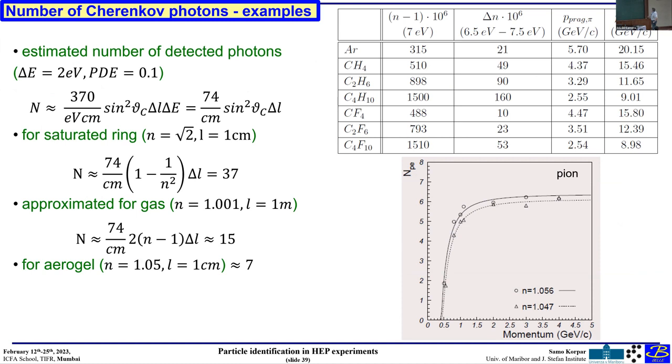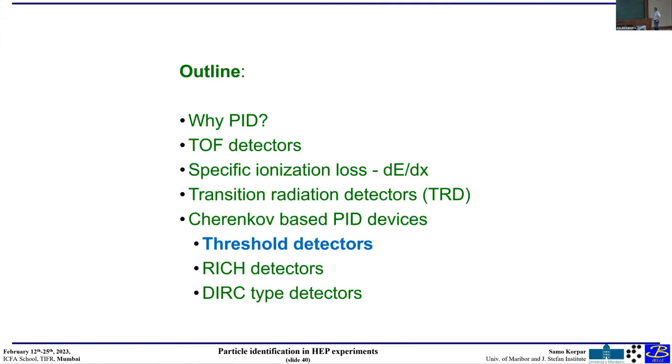And what you get for 1 meter length is then about 15 photons. So you see that for a gaseous detector, you need a very long radiation length to get a reasonable number of photons. Then for the aerogel, this is an approximation for this small n minus 1, and using the same approximation for 1 centimeter, one gets about 7 photons. So again, you need a few centimeters to get a reasonable number of photons out.